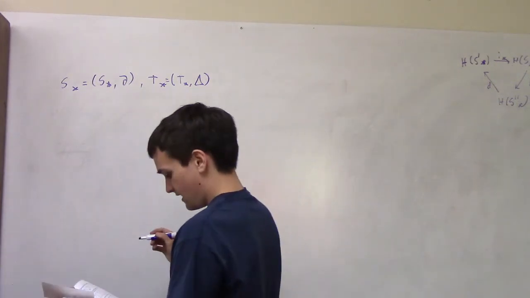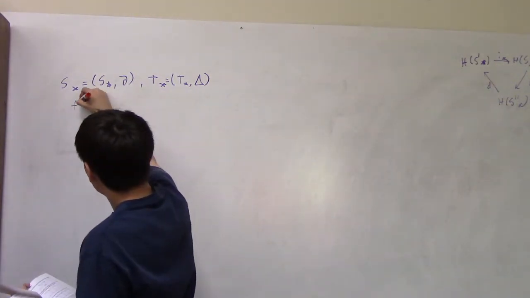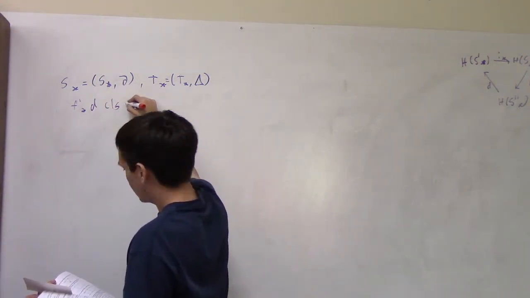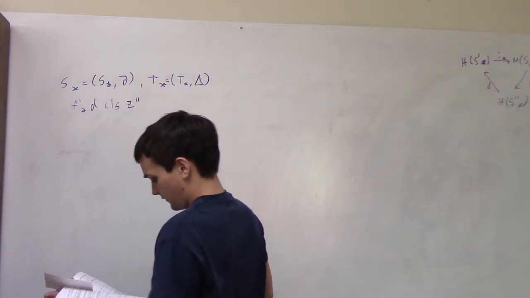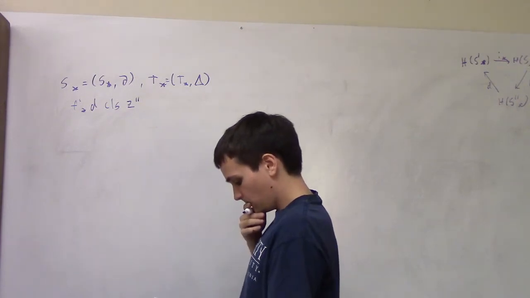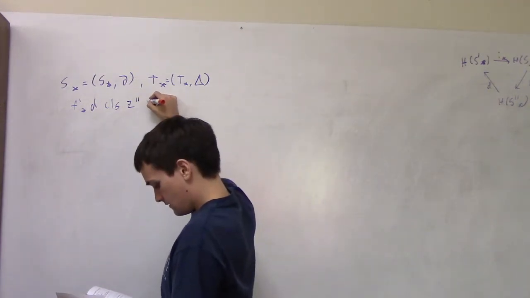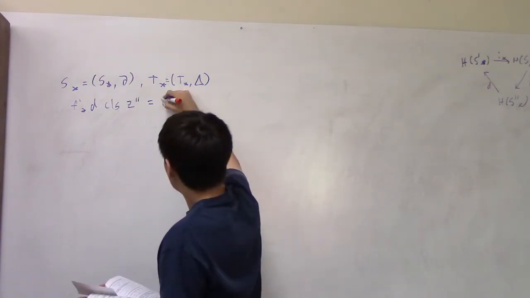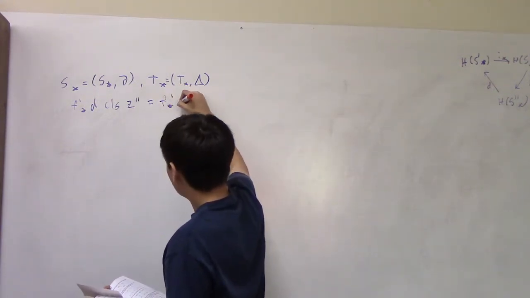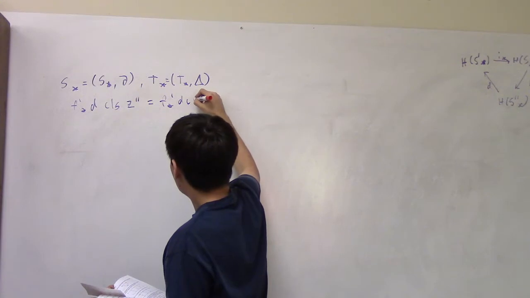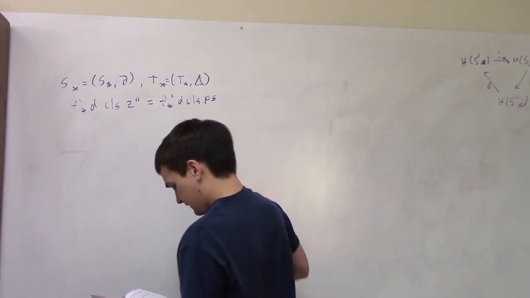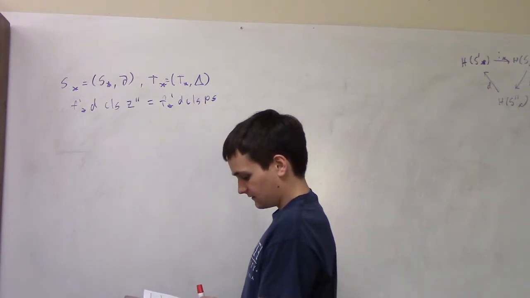So if we look at f prime of d of the class of z prime prime, where z prime prime is just some cycle, then that is equal to f prime d of the class of p s, for some s.